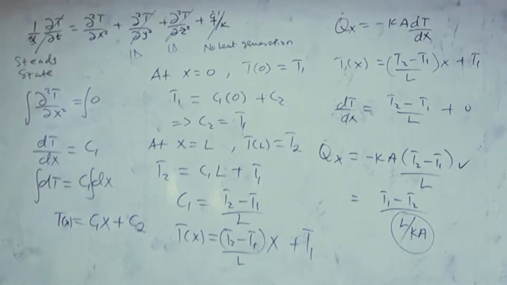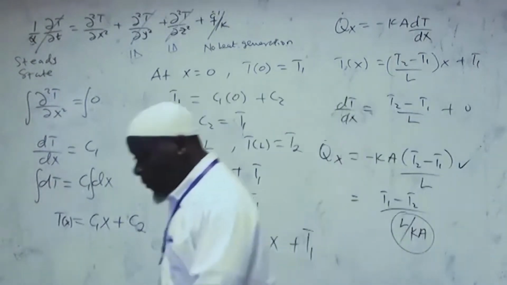You understand? That's what we refer to as isotropic material, invariant. Okay, so all the definition is there, it's clear. Isotropic means having properties that are identical in all directions, such as thermal conductivity, which remains the same in all directions. Okay, in this way.